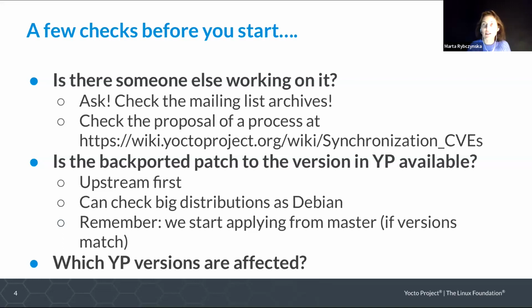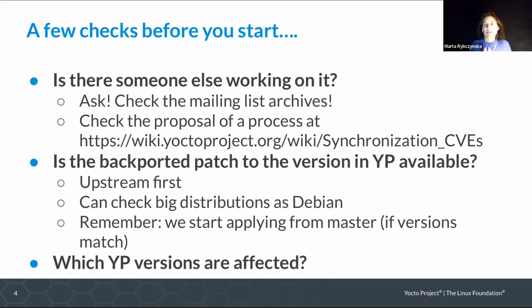You want to have it in the older version. In this case, I look at upstream first. Has upstream already backported the fix? You can also have a look at big distributions like Debian. They may have the patch already prepared.